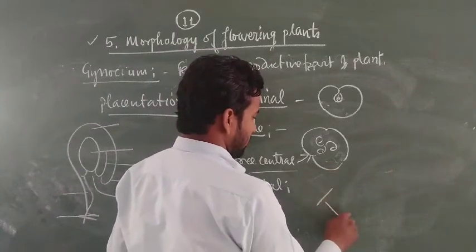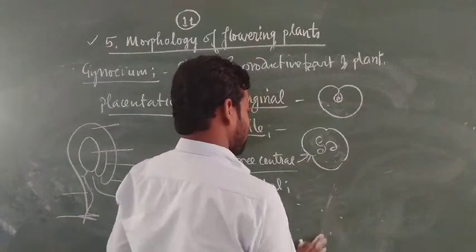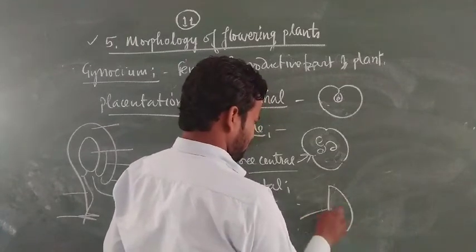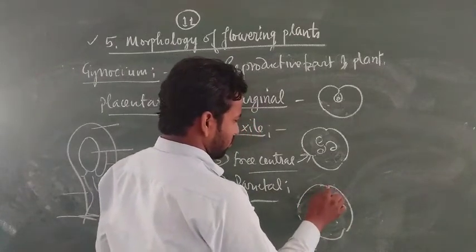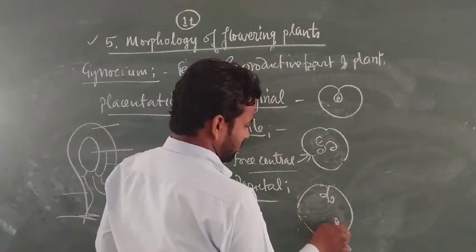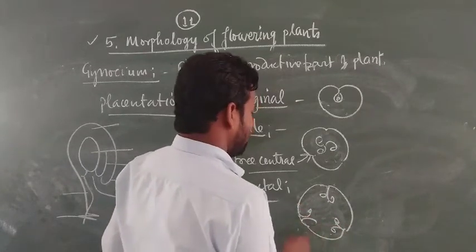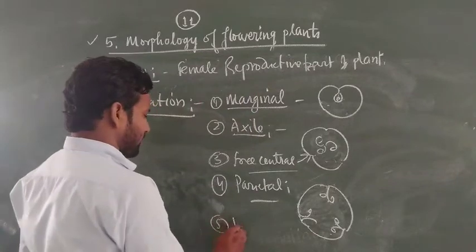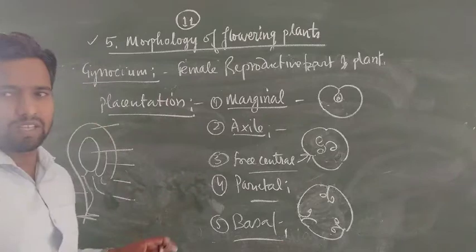Suppose this is a tricarpellary ovary. Each septum wall is dissolved, and in this situation the ovules are attached to the ovary wall. This is called parietal placentation. Fifth one is basal placentation, meaning the ovule arises at the base. This is called basal placentation.